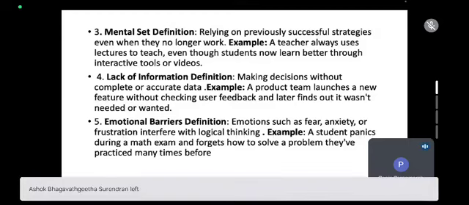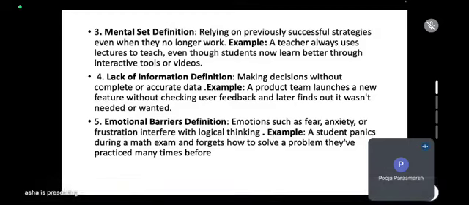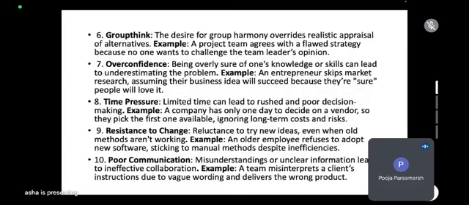Moving on to the last 4 points, which is group thinking. So basically, what do we mean by group thinking? The desire for group harmony overrides realistic appraisals or alternatives. Say, for example, there is a problem in the family. In the family, you are with your parents, with your in-laws, with your relatives.